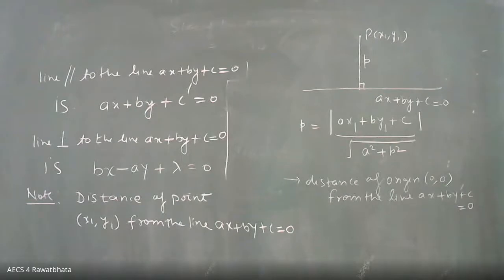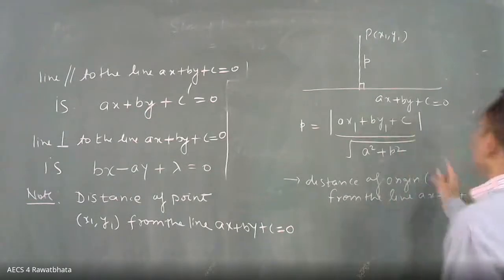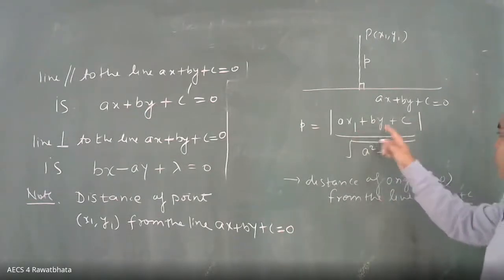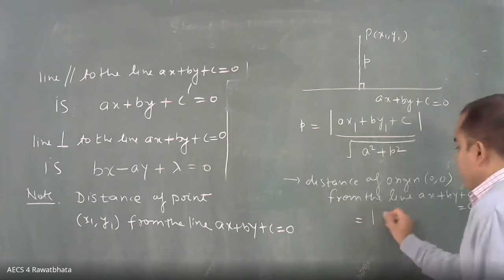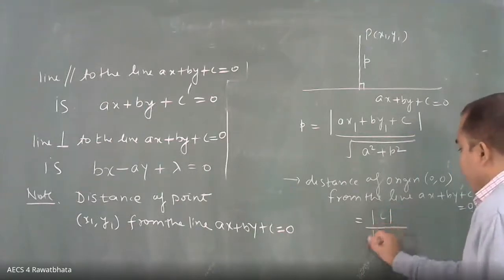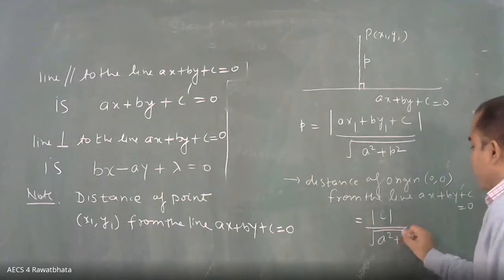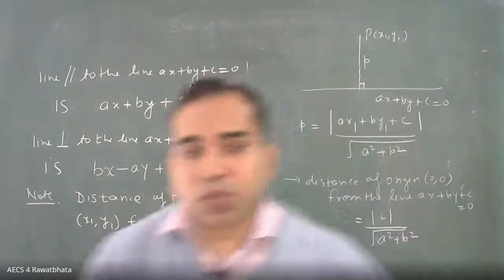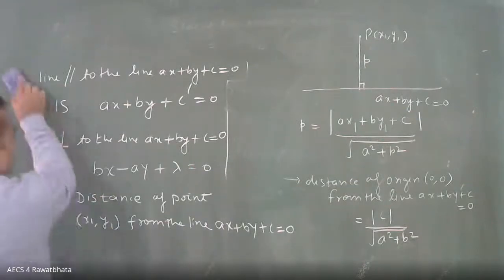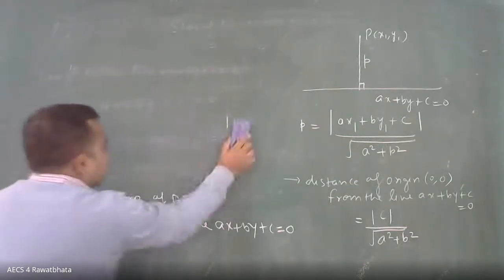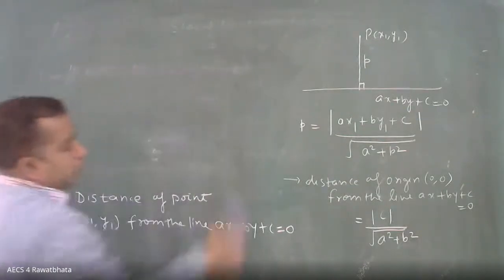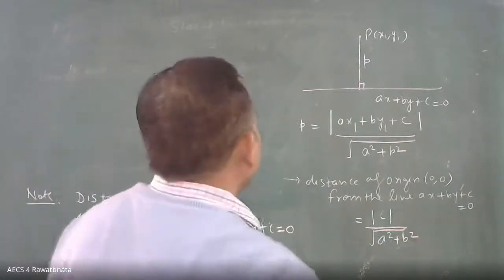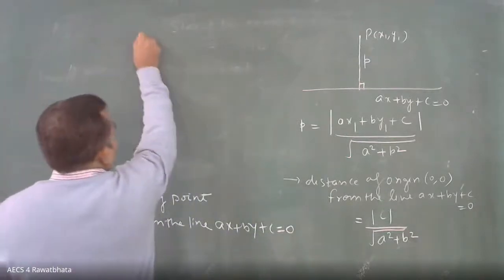In place of x1 and y1 if you put 0, 0, the distance becomes modulus c upon root of a square plus b square. Okay, this we did not discuss, you please note it. And a few more things: using this you can find the distance between two parallel lines.